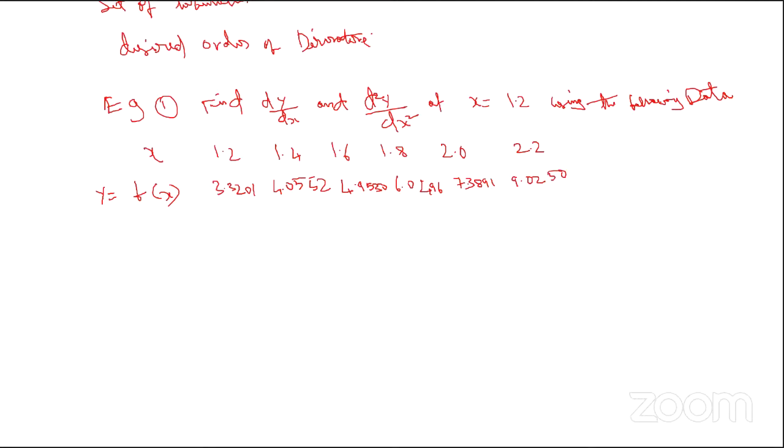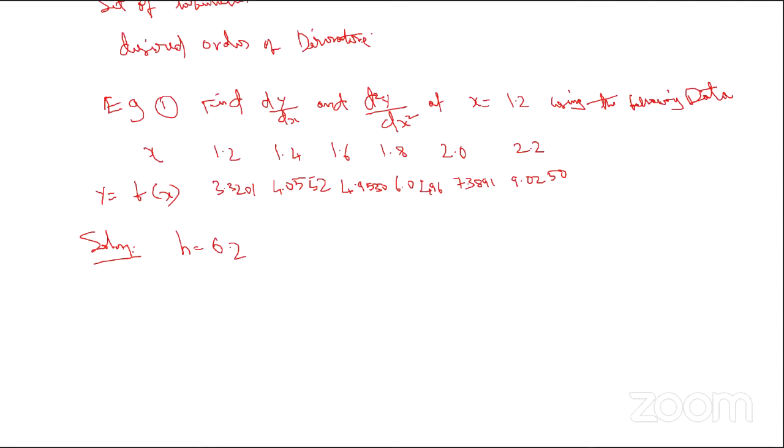Solution. Here h equal to 0.2. How to find h? 1.4 minus 1.2, or 1.6 minus 1.4, or 1.8 minus 1.6, etc. The class interval difference is nothing but h.